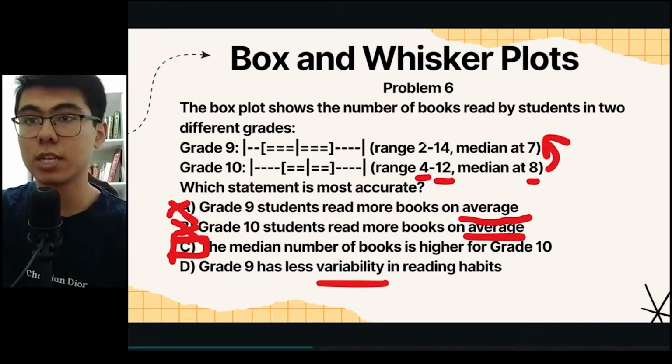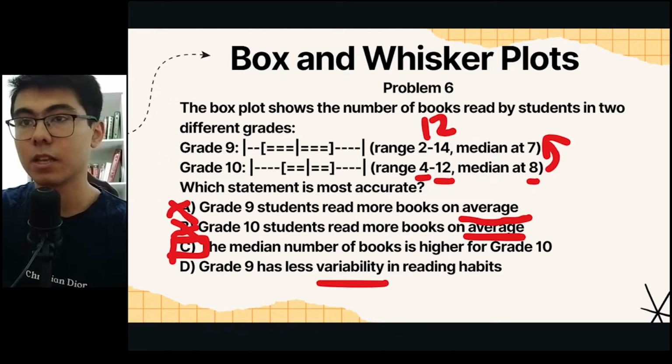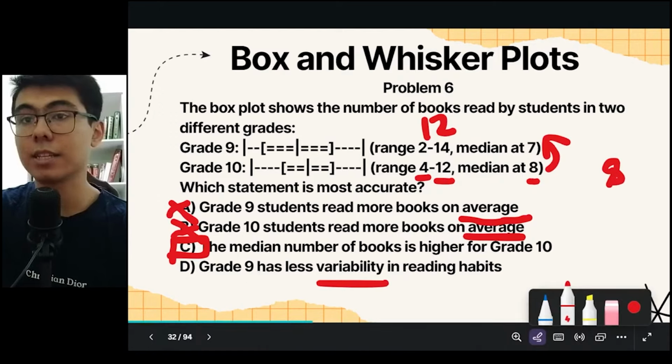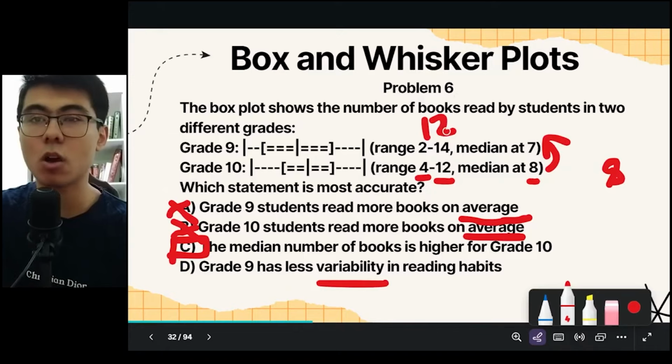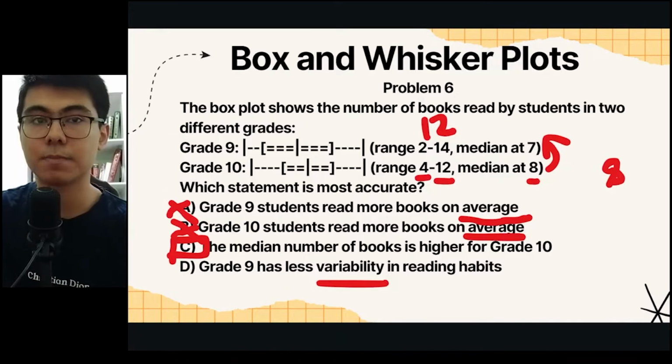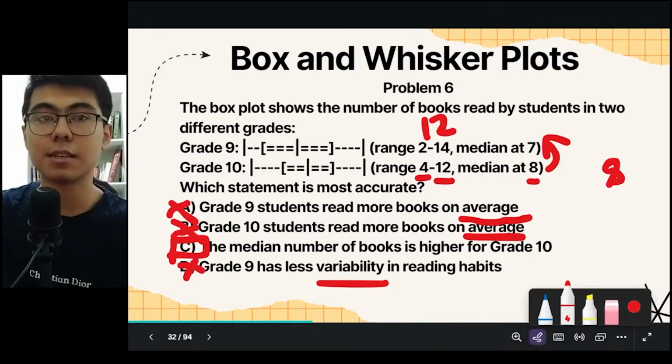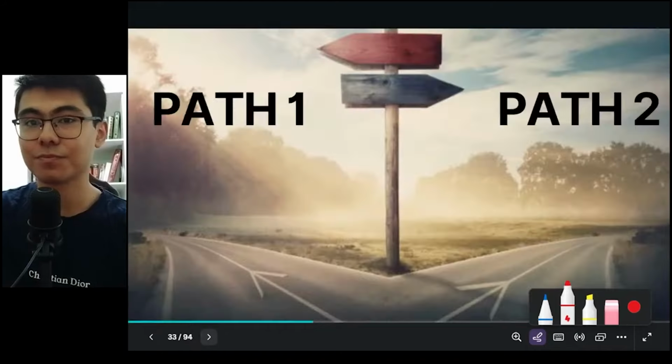So the range here is 14 minus 2, that's going to be 12. And in grade 10, it is 8. Grade 9 has less variability? No, it has higher variability. So that's why choice C is the correct answer.